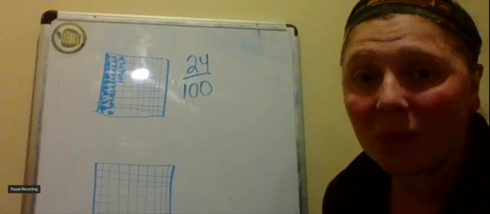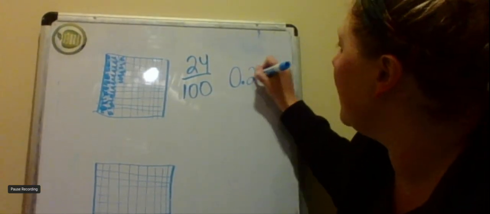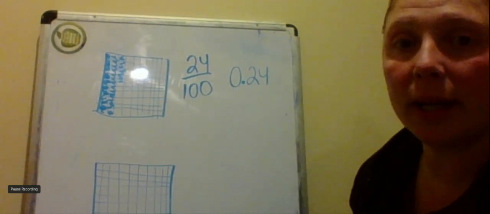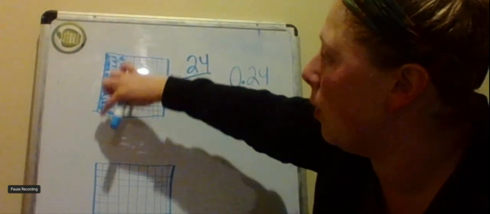Now, as a decimal, we have nothing completely covered. So we have 0 ones, our decimal point, okay? And then 24, okay? Because it ends in the hundredth spot. And the reason, look here, yeah, the 2 is in the tenths spot. And if you notice, we have 1, 2 groups of 10.